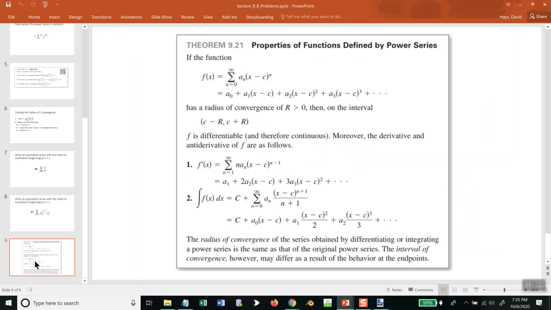Now, properties of functions defined by power series. If you got your power series up here with your radius of convergence, then you can take the derivative of it. Now, specifically, the derivative applies to the x part. So notice the a sub n stays as a sub n.